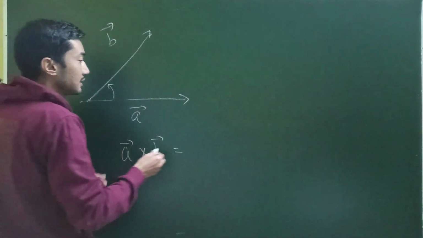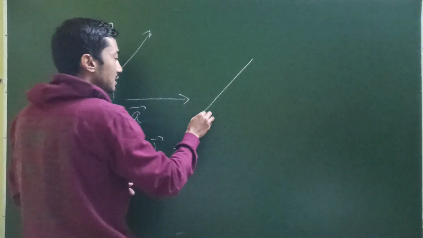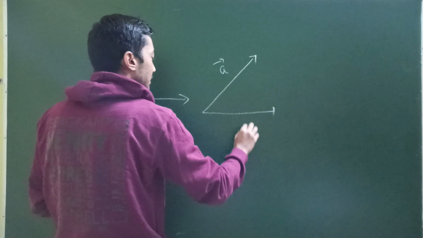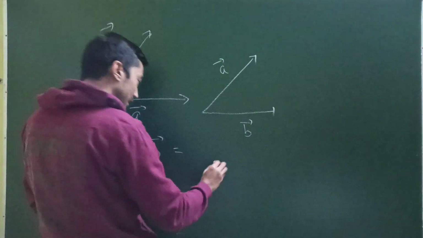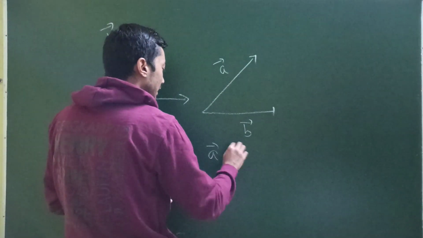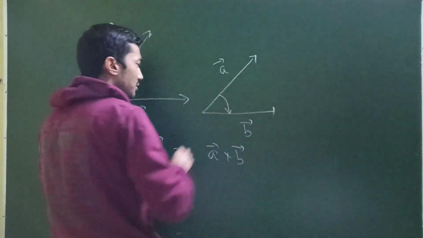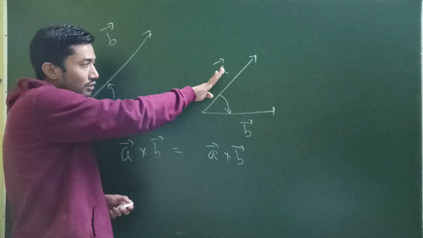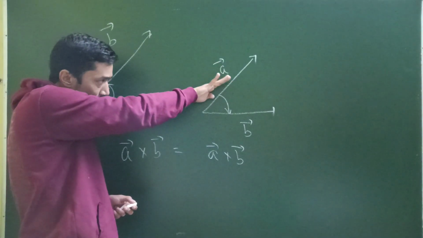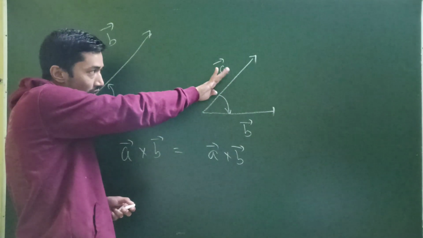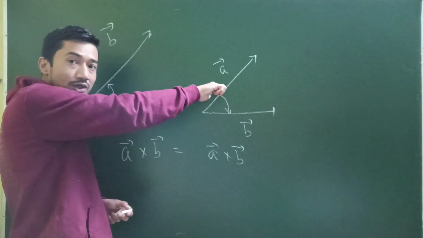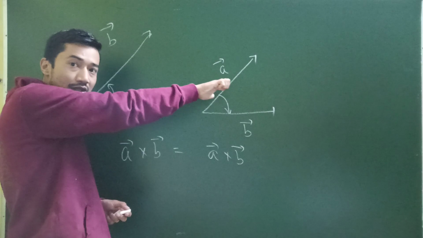Another system, not another system, the same system if we go for something like this. That is, if this is my vector A, this is my vector B, and then this time again, it's A cross B. So in that case, I will be pointing my fingers towards A only, and then try to curl my fingers, that is A cross B. In that case, my thumb, of course, is pointing inside.